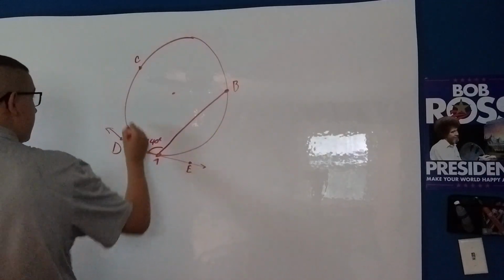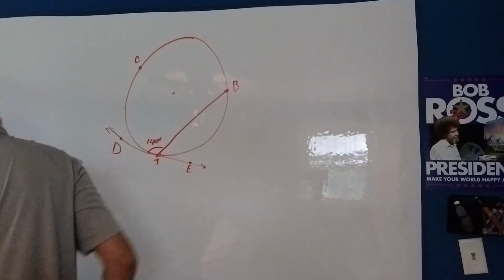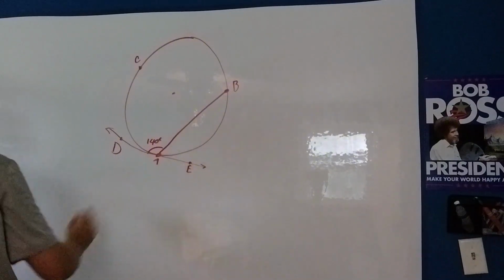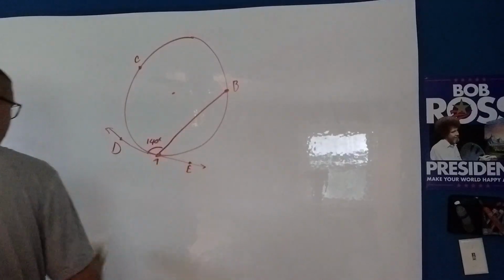So I want you to find this arc here, and this small arc, AB.